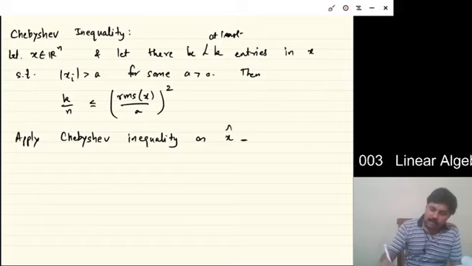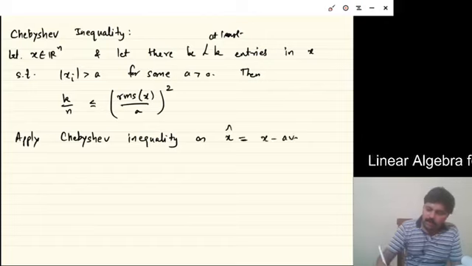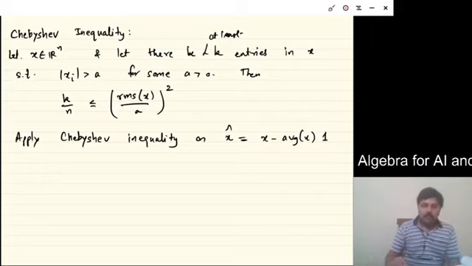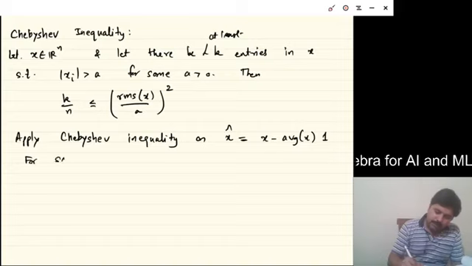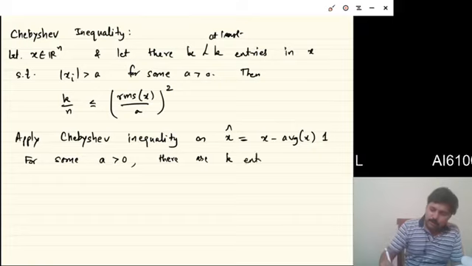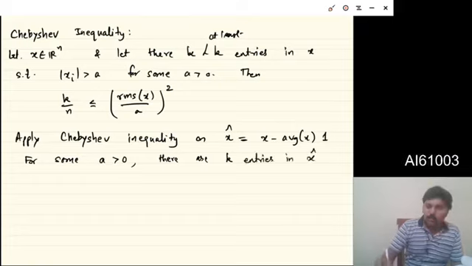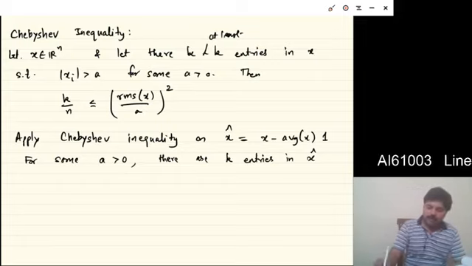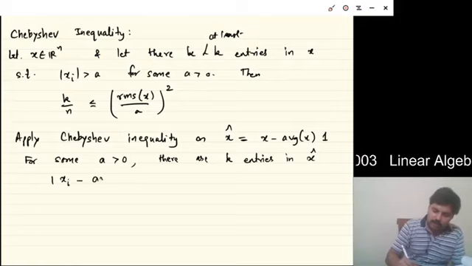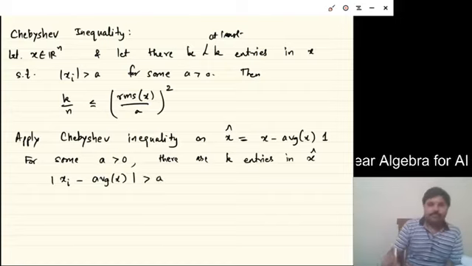And we can apply this Chebyshev inequality on x hat, which is nothing but x minus average of x times 1, that vector. So what are we really saying? For some a which is greater than 0, we are saying that there are k entries in x hat. And what is the property of those k entries in x hat? The property is that mod of xi minus average x is greater than a.